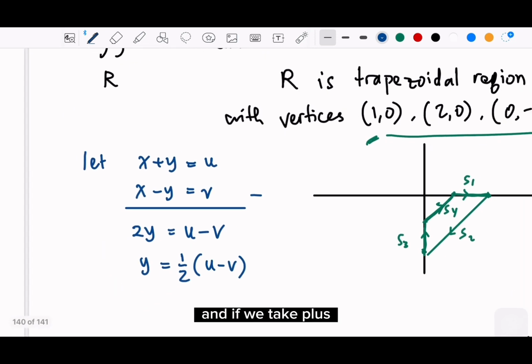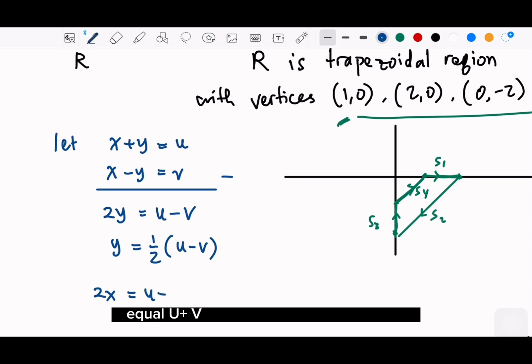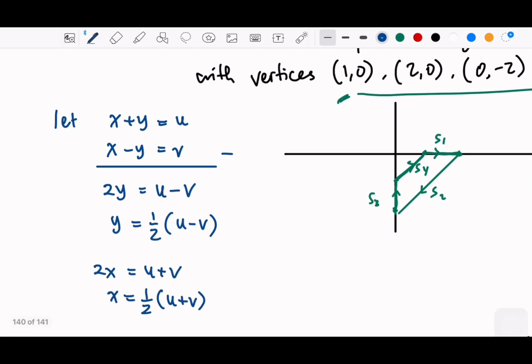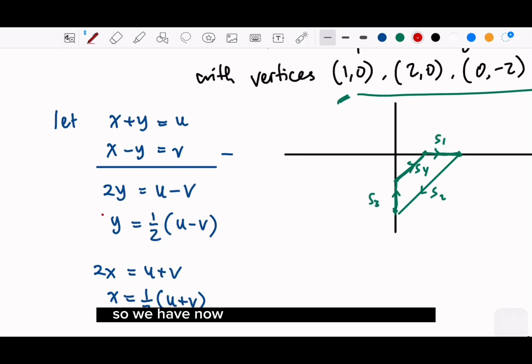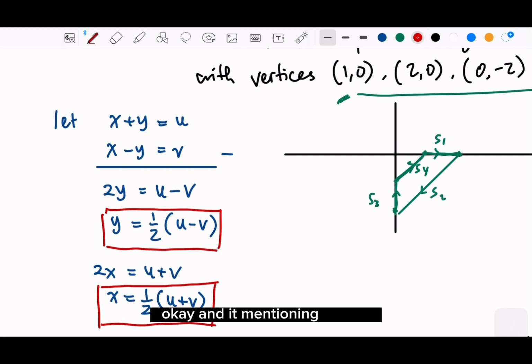And if we take the sum, we have 2x equal to u plus v, and x is half of (u plus v). Okay. So we now have relations for x and y in terms of u and v.